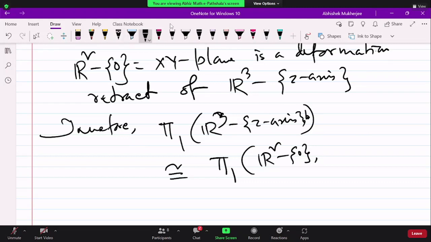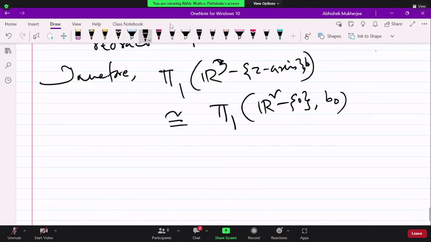Okay. So that means it is isomorphic to Z plus. Okay.